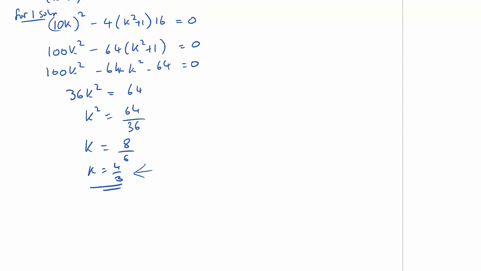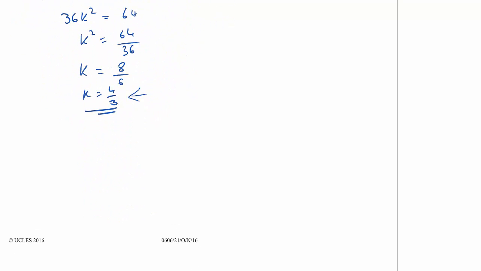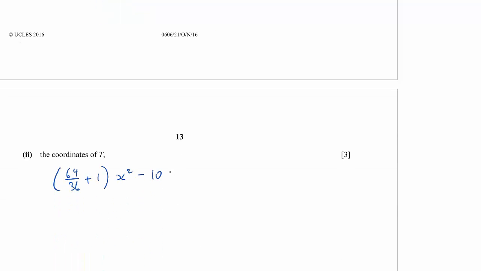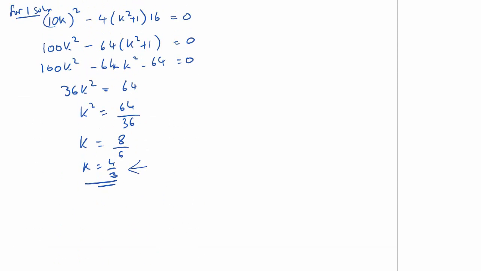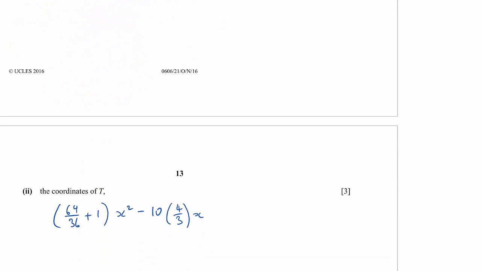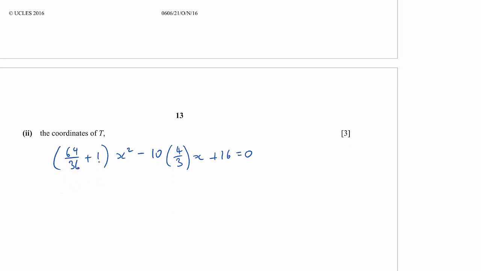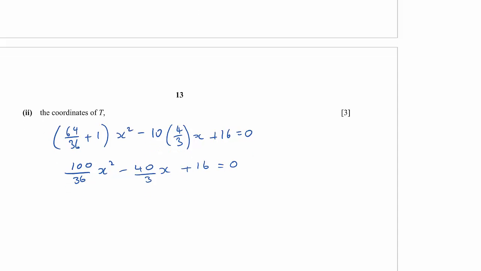Take away 10kx, so that's 10 times 4 over 3 x. And then it was plus 16 equals 0. Okay, so 1 is 36 over 36, so that would be 100 over 36 x squared. Take away 40 over 3 x plus 16 equals 0.